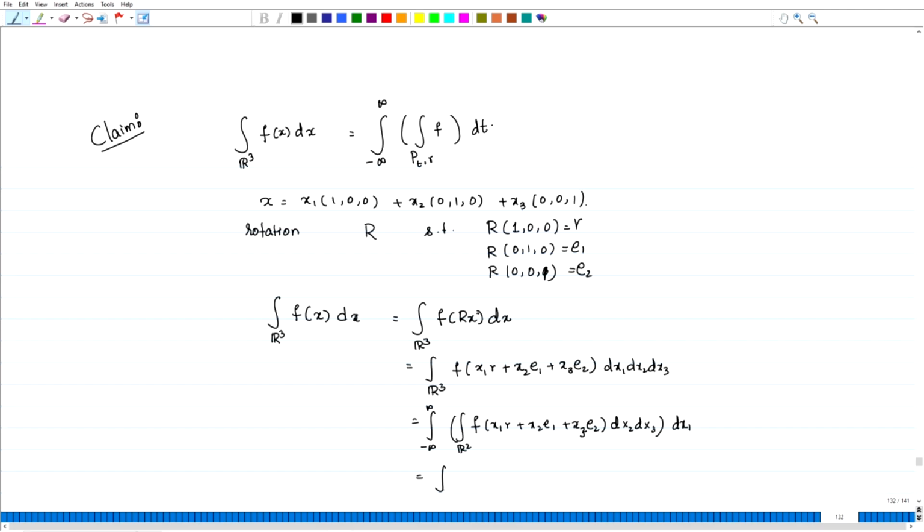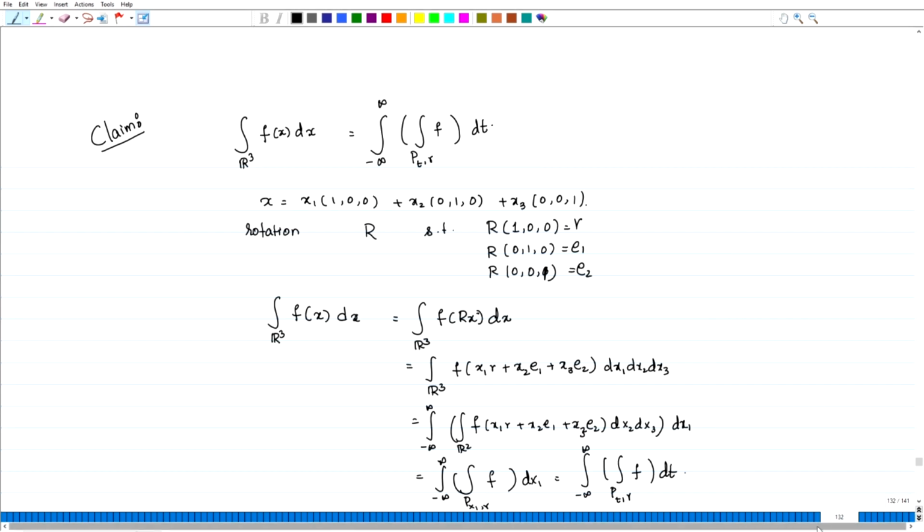This is nothing but the integral from minus infinity to infinity of what we have defined as the Radon transform over the plane x1 gamma, that is, to be consistent with our notation, p_t(gamma) f dt. So, this is going to be a very useful observation for us.